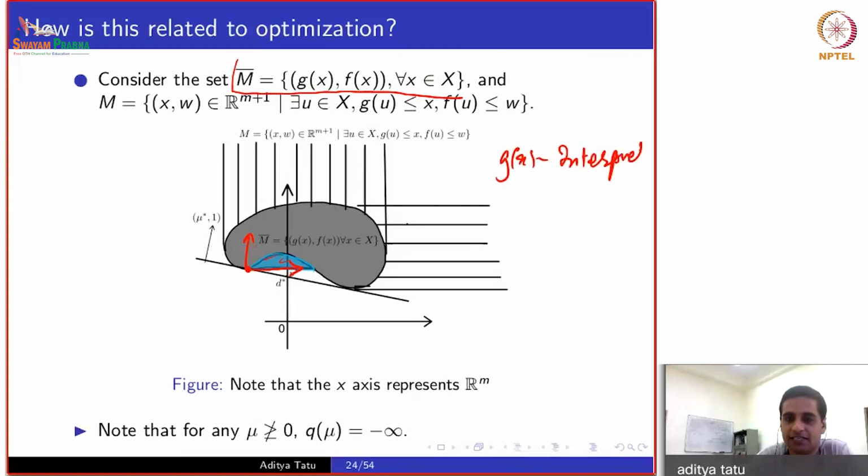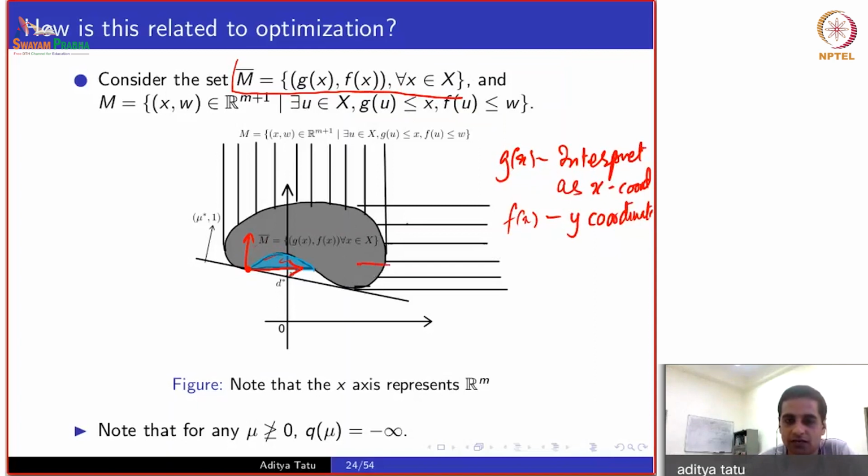g(x) interpret it as the x coordinate, f(x) interpret it as the y coordinate, for every x in the capital X set. That is how you get this gray shaded set M bar. From M bar, you basically take all points one by one. This is the point.